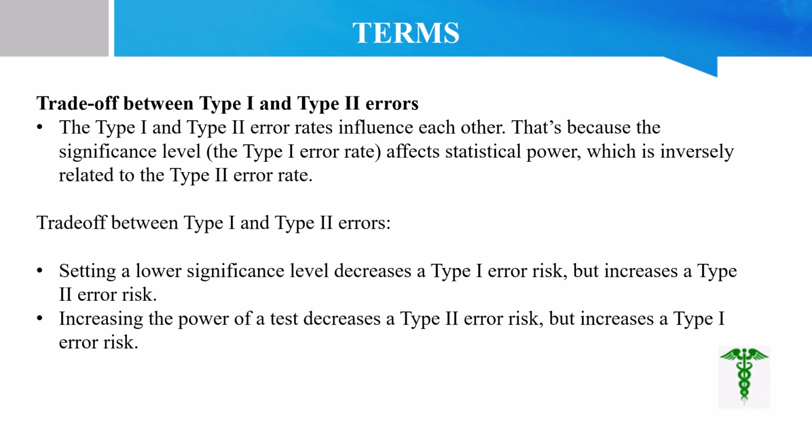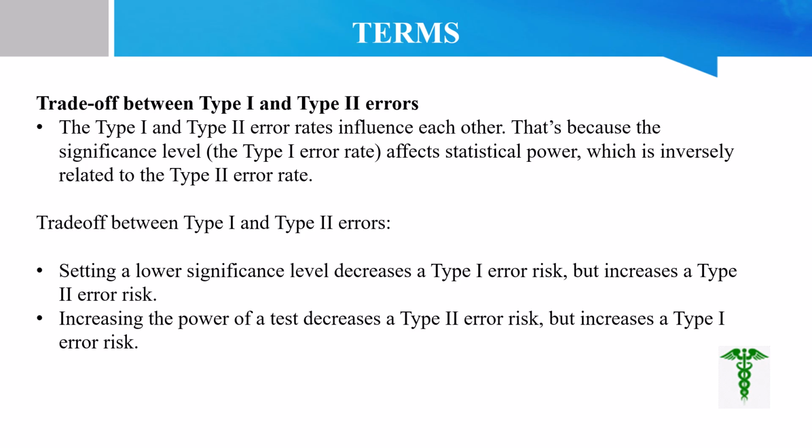Now we are discussing the trade-off between type 1 and type 2 error. The type 1 and type 2 error rates influence each other, because the type 1 error rate affects the statistical power, which is inversely related to the type 2 error rate.